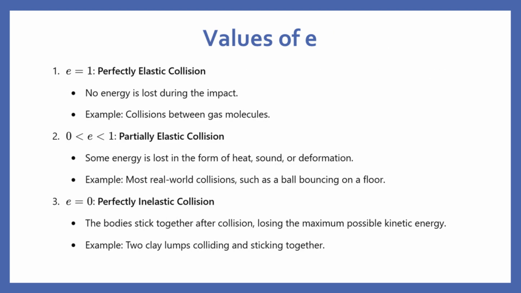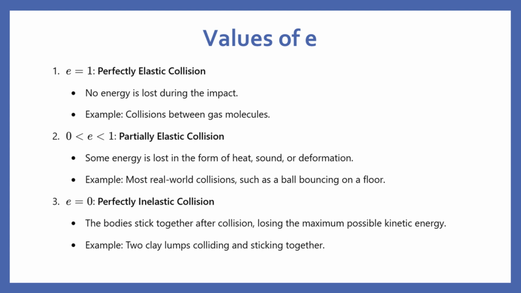Understanding the coefficient of restitution, denoted as E, helps categorize collisions. Perfectly elastic collision: E equals 1, no energy is lost during impact, like gas molecules colliding. Partially elastic collision: 0 < E < 1, some energy is lost as heat, sound, or deformation, such as a ball bouncing on the floor.